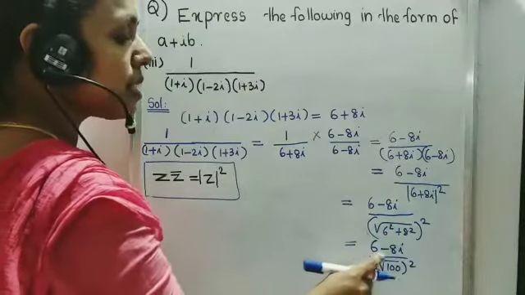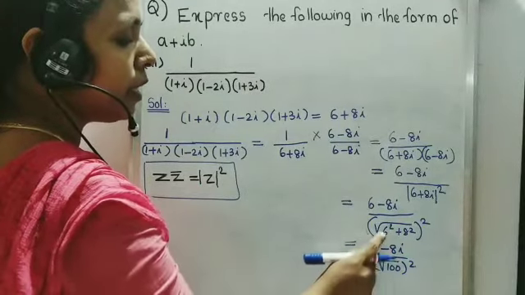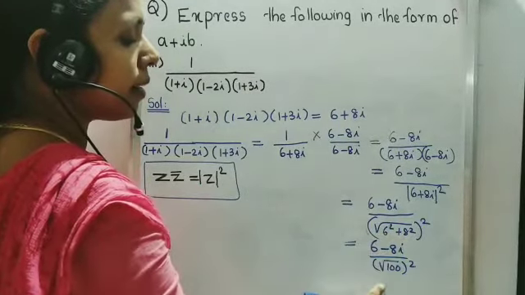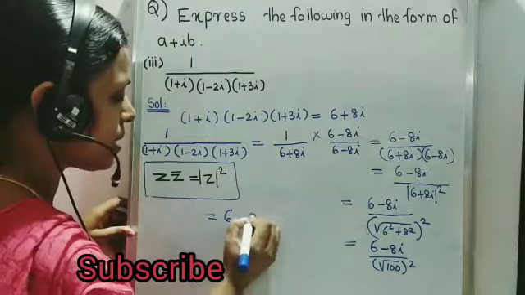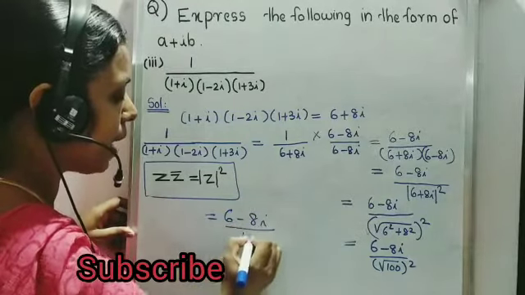Now we get 6 − 8i divided by, here root of 6² + 8² is root 100, whole squared. That is equal to 6 − 8i divided by 100.